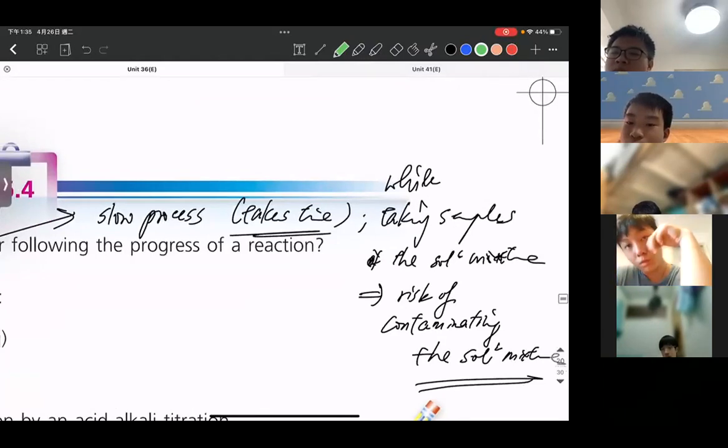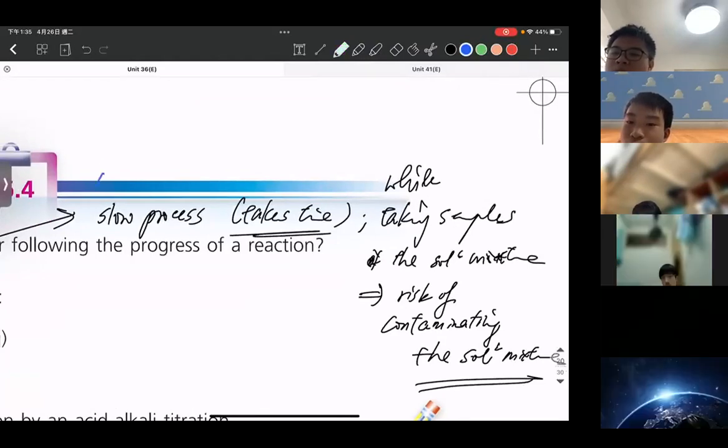Point number one: this is a very slow process. And second, we have another reason. While you take samples of the solution mixture, you may risk contaminating the solution mixture. Contaminating means we make the solution dirty.